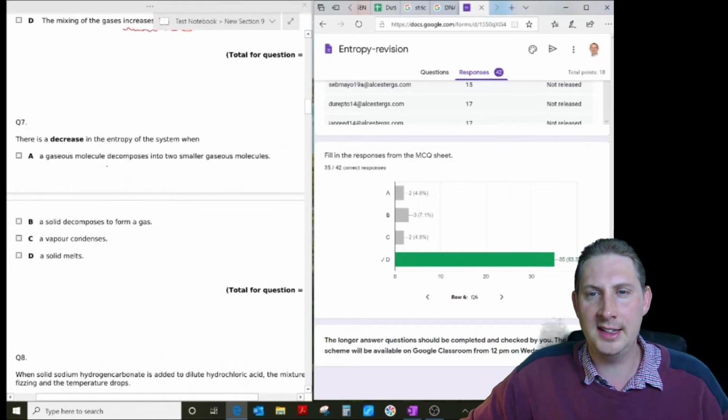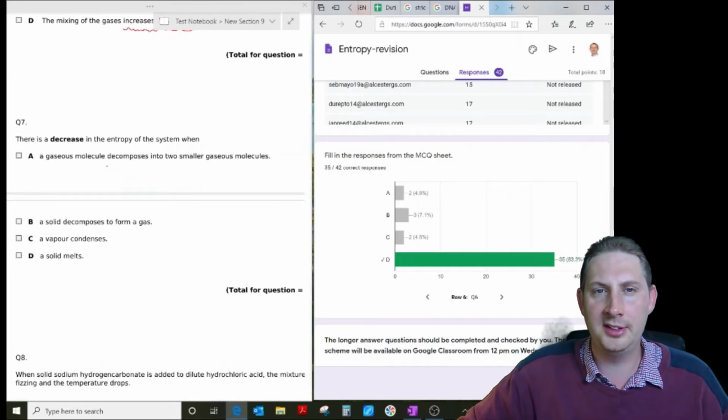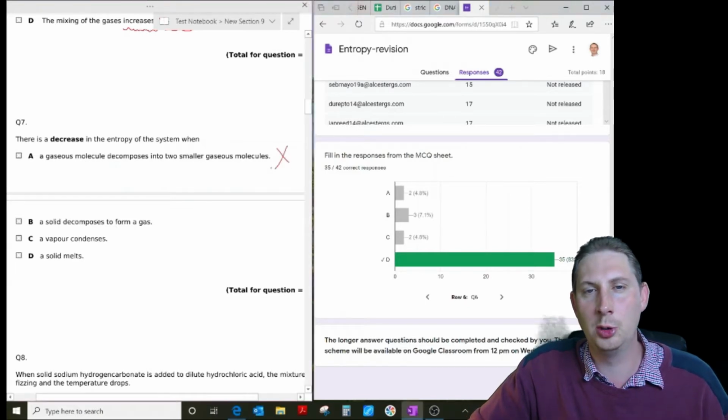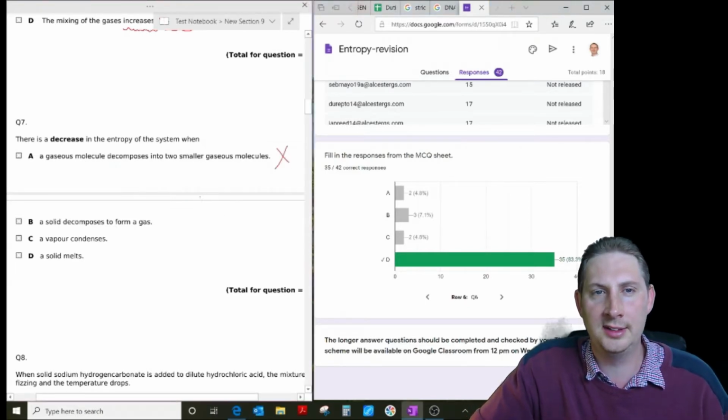There's a decrease in entropy of the system when a gaseous molecule decomposes into two smaller gaseous molecules. No, two smaller molecules, more ways of arranging them, so that would increase the entropy. A solid decomposing to form a gas. No, again, gas has far more entropy than a solid. A solid melting.